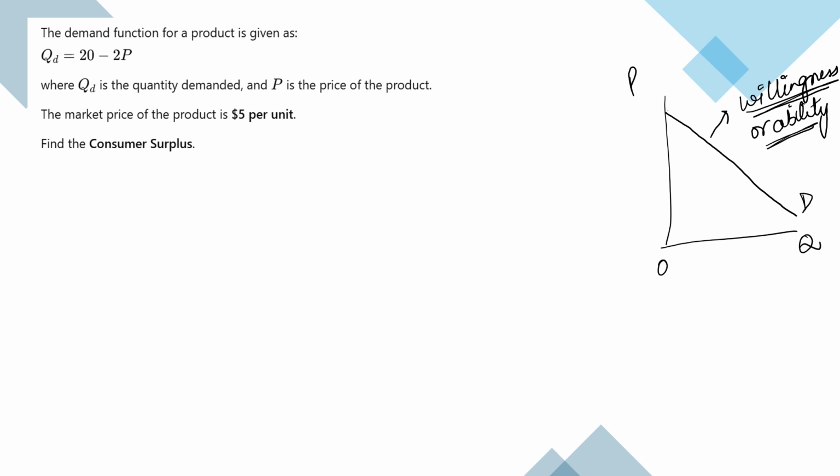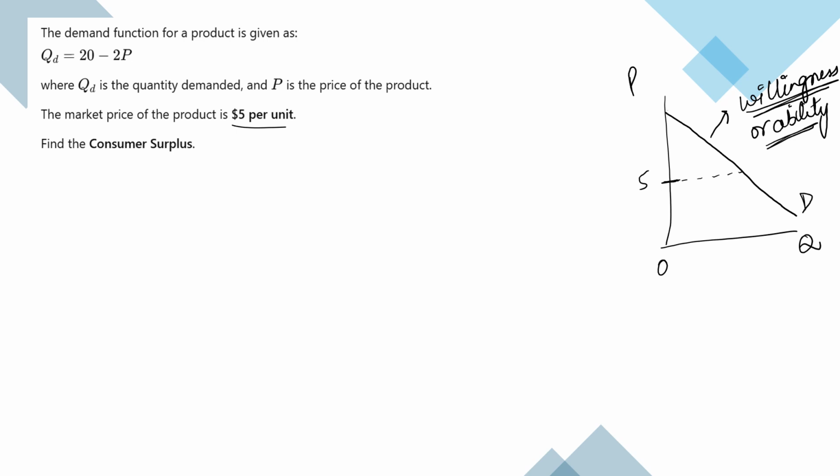On the other hand, price will be like this. Let's say price is 5. In the example, I showed you that the difference between the willingness and the actual market price represents consumer surplus.